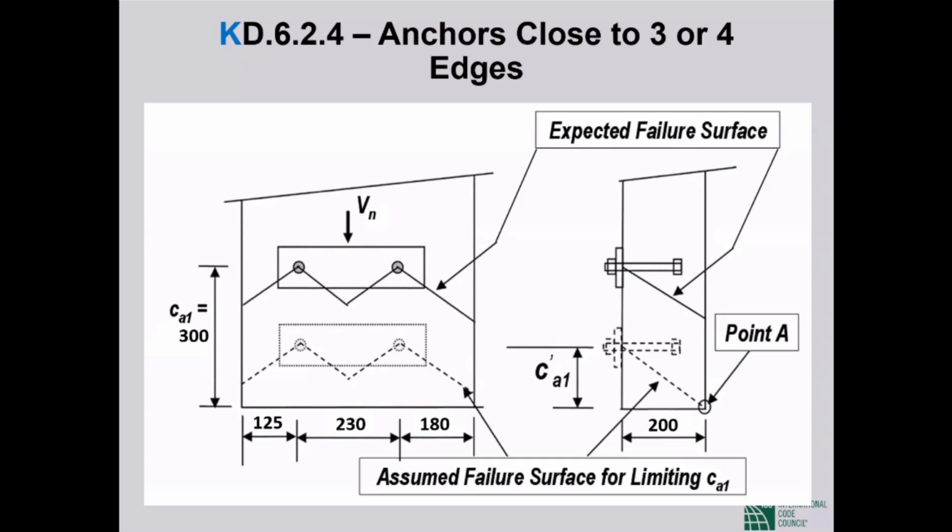Again, the effective C sub A1 that we have to use is the largest of the edge distances of 125, 180, or 200, which is 200 divided by 1.5. That's one number. Or the 230 divided by 3, that is the second number, larger of the two numbers. Effective C sub A1.